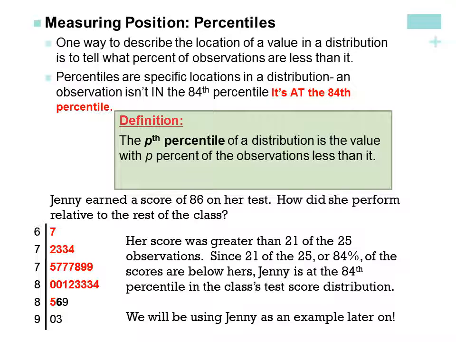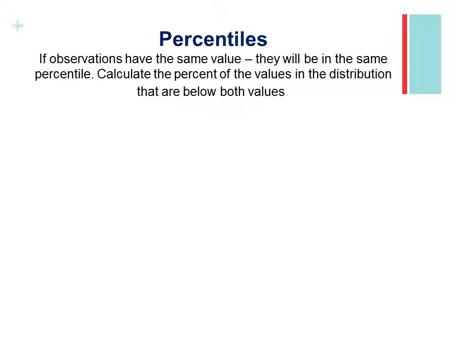Okay, we're going to be using this example later on, so just keep this in mind. But once again, if you're asked to find the percentile, count the observations less than it. 21 out of 25 are less than it, so she is specifically at the 84th percentile because 84% scored below her.